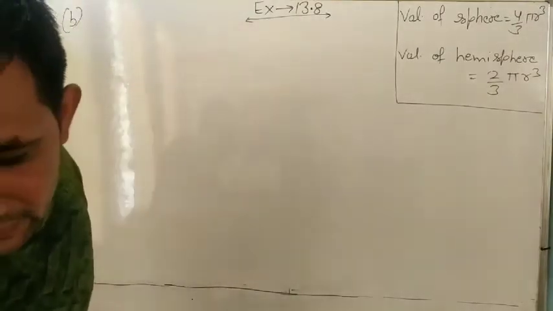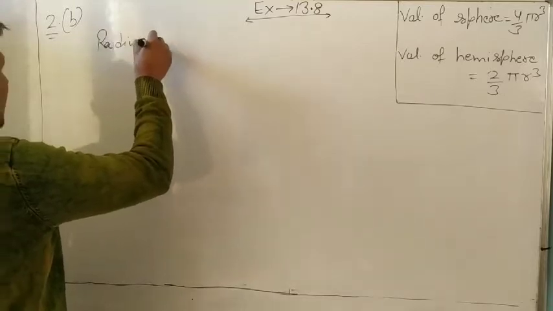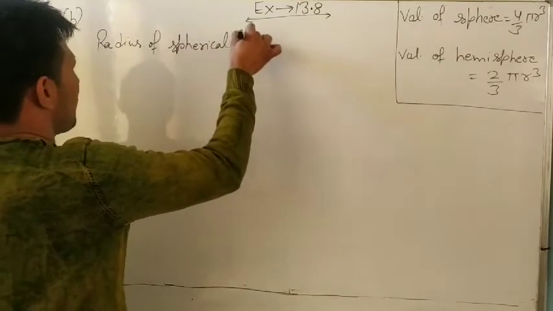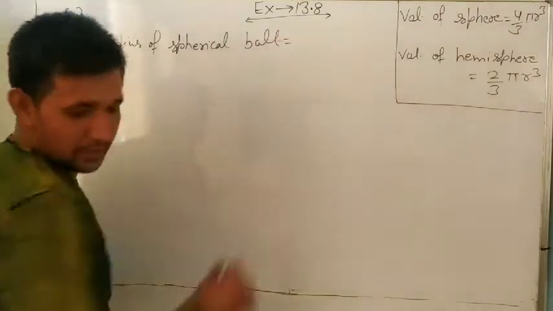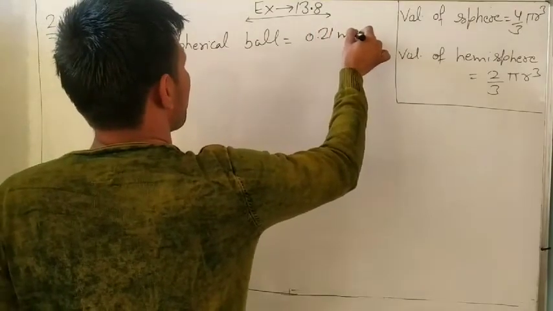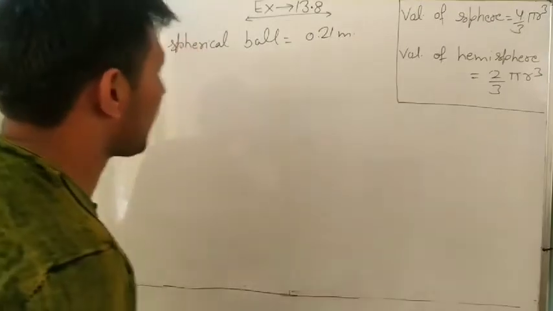What is the radius of the spherical ball? Radius is given 0.21 meter. Understand? And we have to find the amount of water displaced.